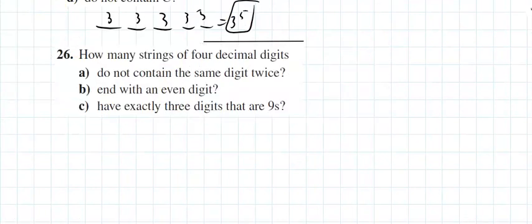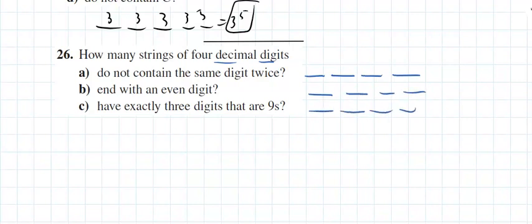How many strings of 4 decimal digits do not contain the same digit twice? So if you don't want them, for the first you have 10 choices. Since you can't repeat, there are 9 choices once you choose the first. Now that you choose the first 2, there's 8 and a 7, whatever that is.